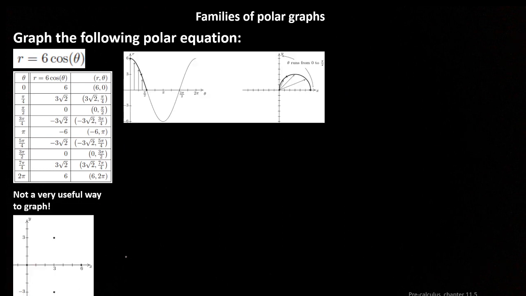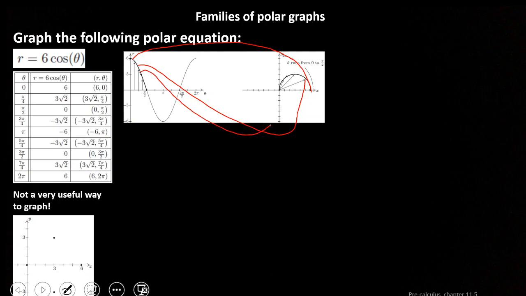So let's look at that. You see that? If you take all of these points and graph them, that's that one right there. This next point is going to be that one. This next point is going to give you that one, and so forth. That next point gives you that one, and so forth.